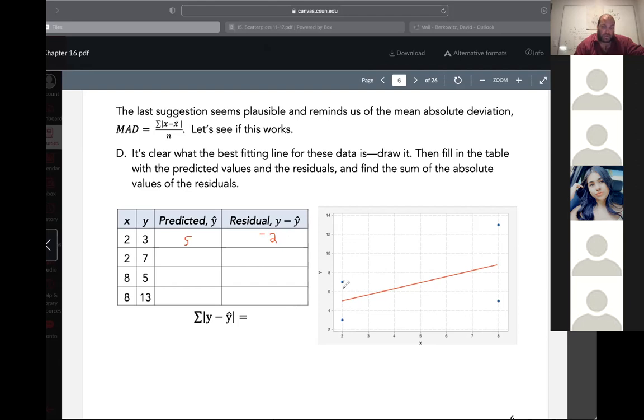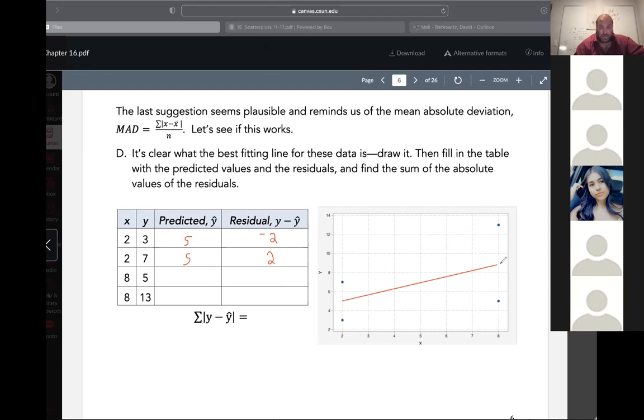What is the predicted y value for x equals 2? Well, it's still 5. It's the same x value, so it's the same prediction. Right? Makes sense. So what's the residual for that one? +2.